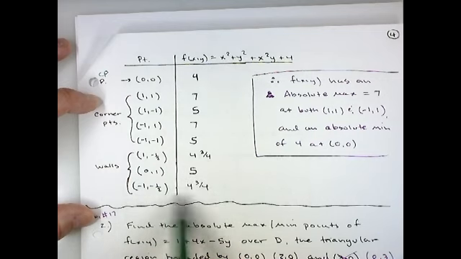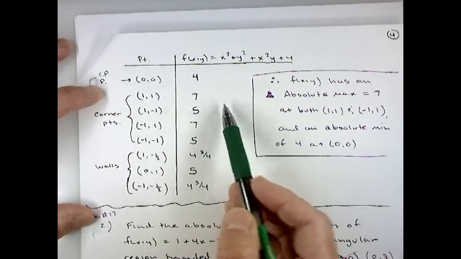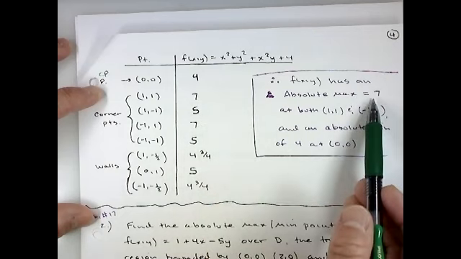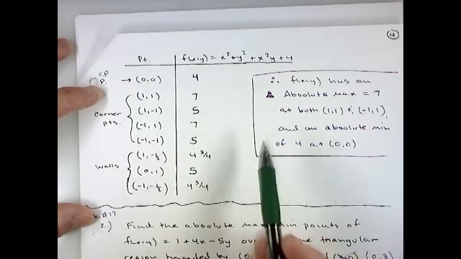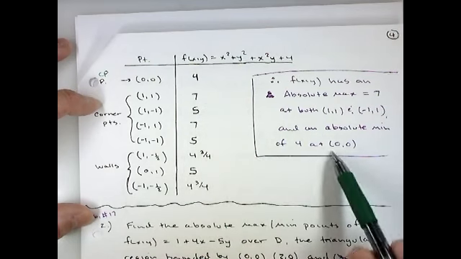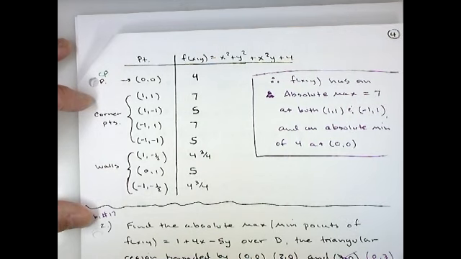And then I also get 4 3/4 at -1, -1/2. So now I got my whole entire list, and I can just look at this and I can say, okay, what's the biggest number? 7. So my function has an absolute max of 7, which occurs at 2 points. That's fine. And my absolute min was 4, which occurs at the origin at 0, 0.